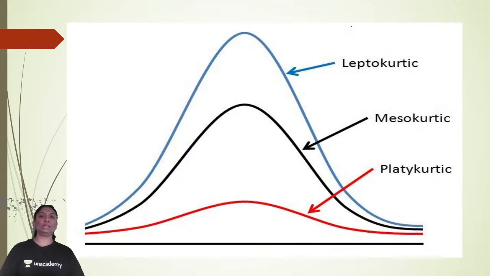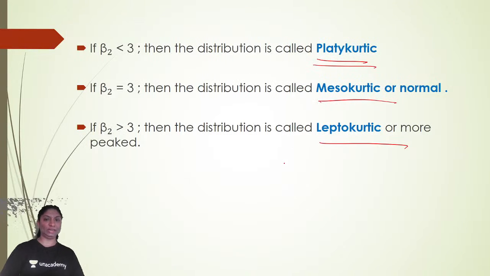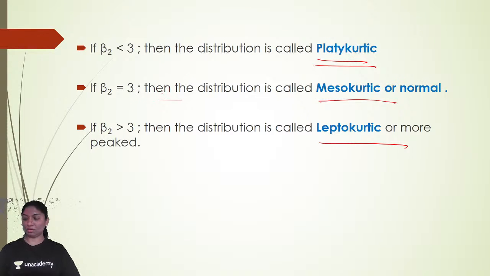Now I'm showing all this in one diagram only. This is leptokurtic, this is mesokurtic, and this is platykurtic. All the kurtosis distributions are here. As I told you, beta 2 equal to 3 is the standard value for the kurtosis.